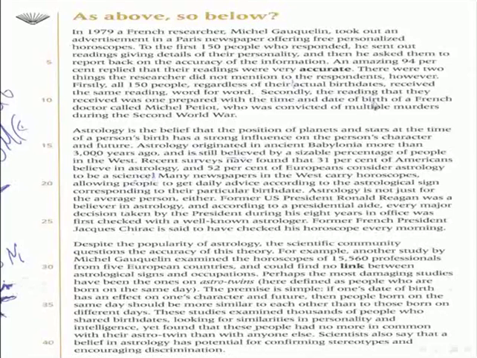Secondly, the reading that they received was one prepared with the time and date of birth of a French doctor called Michael Petiot, or as French read it, Michel Petiot. In English, Michael Petiot, who was convicted of multiple murders during the Second World War.